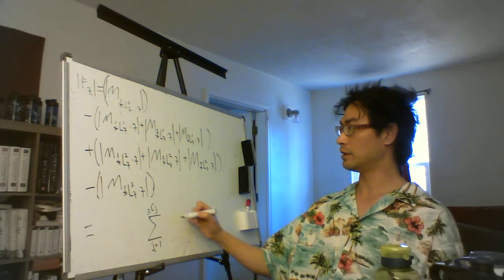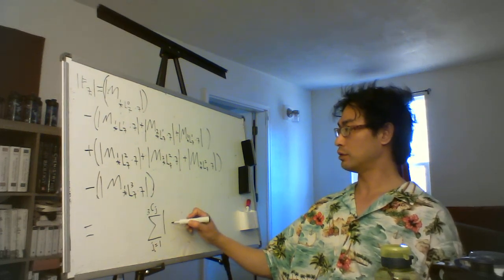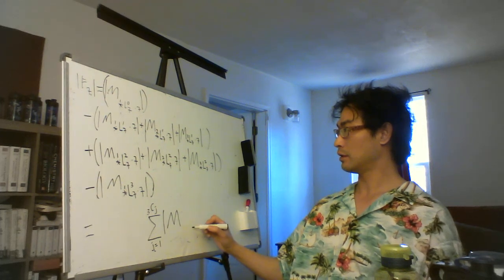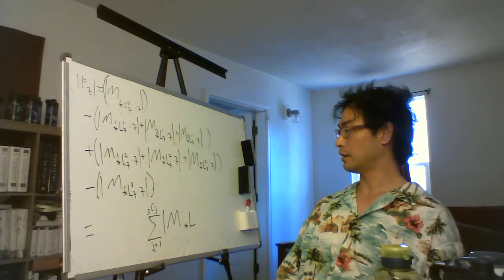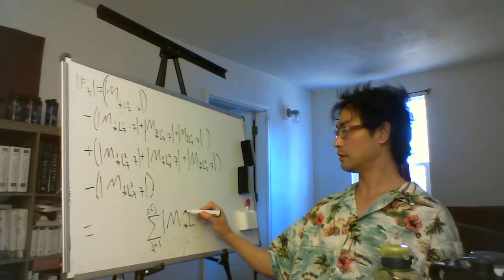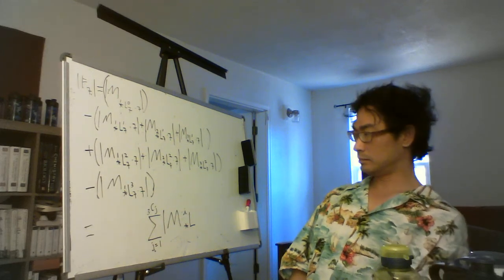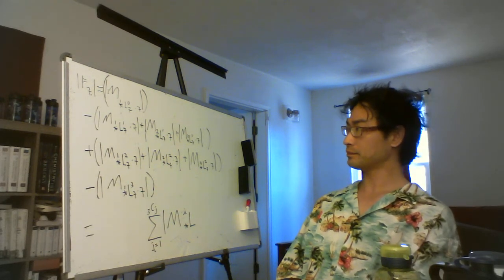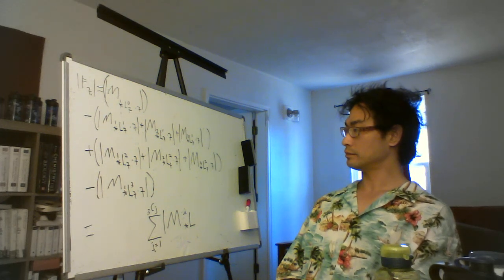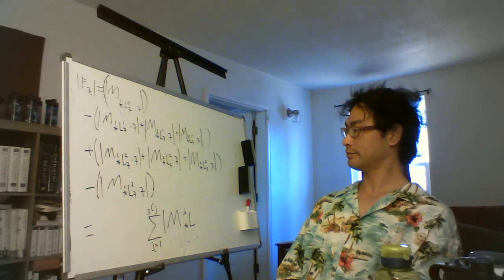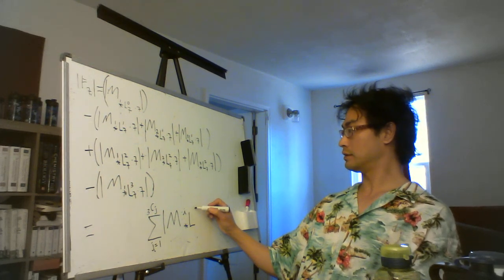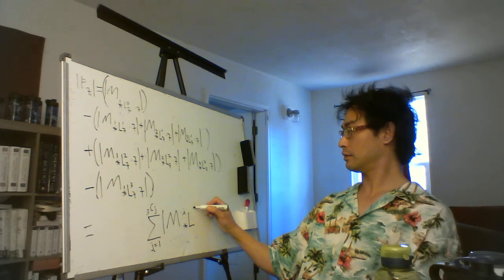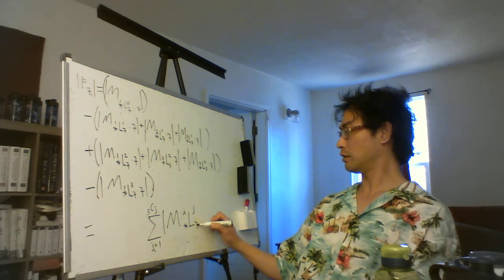You have absolute value M, you have star L, and then you have 1, 2, 3, i, and you have j here, and you have 7 here.